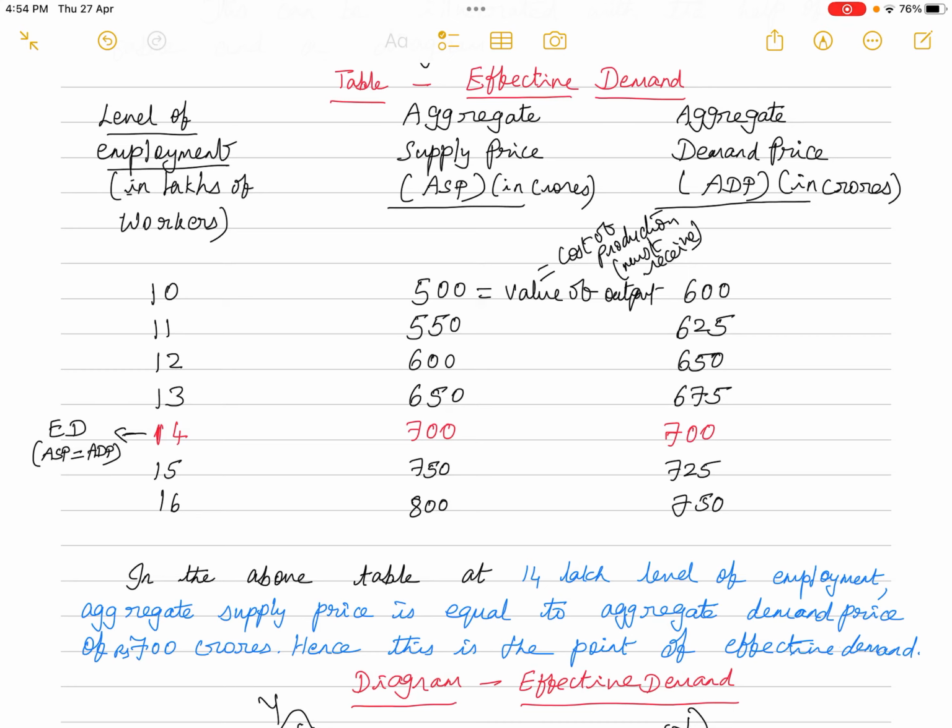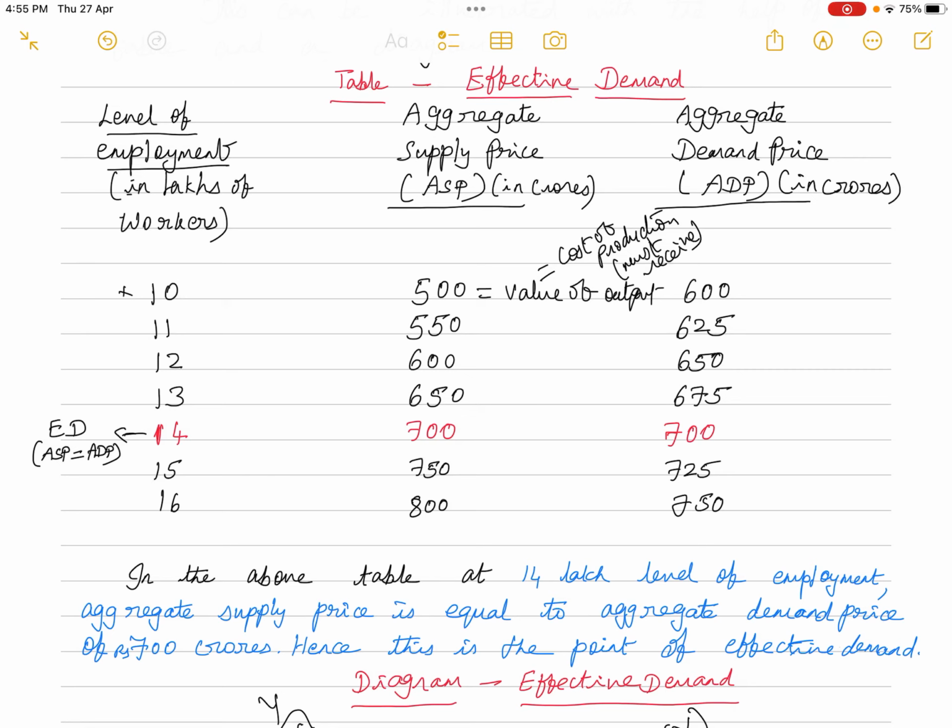This is the cost of production. So all the producers must receive this 500 crores, that is the aggregate supply price. If the producers are not receiving this 500 crores, then they will not give employment to these 10 lakh workers. They will reduce the level of employment. So that is the aggregate supply price.